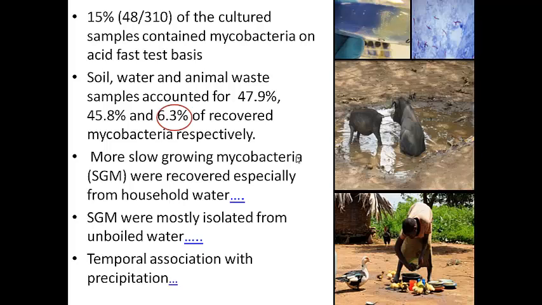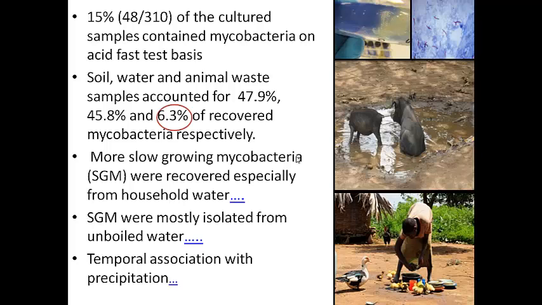Unfortunately, these collecting areas are the same areas these pastoralists go to get water for home use, but also take their animals for drinking water during the dry seasons. And like I said, these people seem to be caught between a rock and a hard place, because they need this water on a personal level, but their animals also need it. But the same water is actually containing more mycobacteria during or after the rainy seasons.